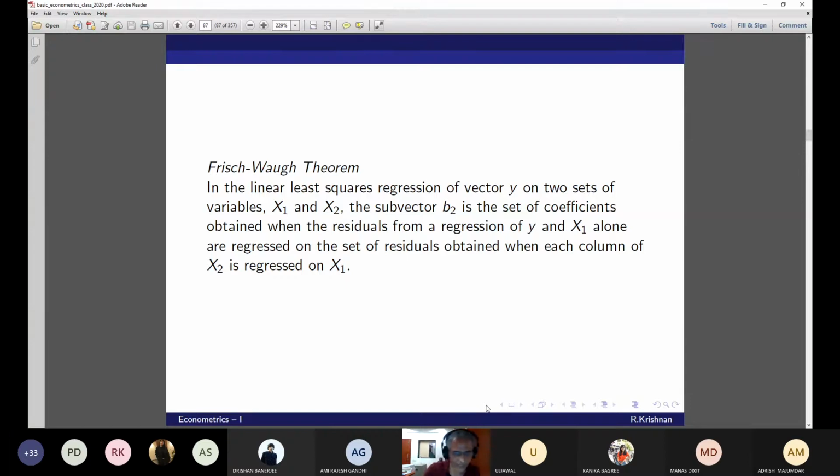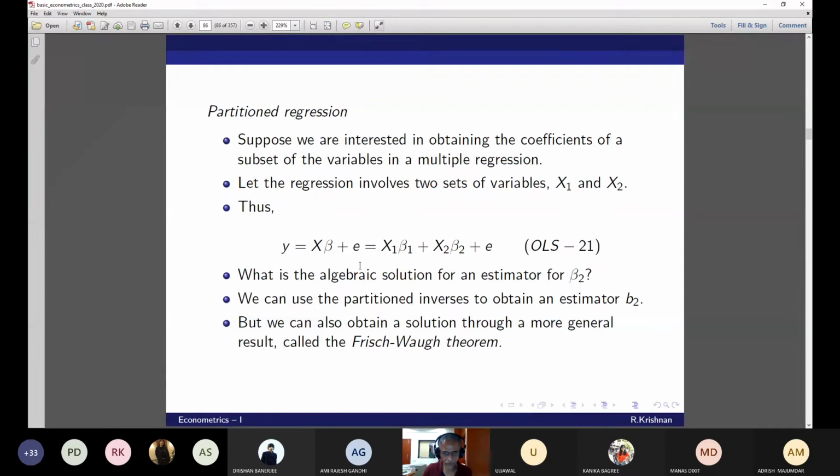Okay, based on this, I'll ask you a question. I have originally this model y is equal to x beta plus e. My x is a 50 by 5 matrix. What does that mean? I have 50 observations and 5 independent variables.